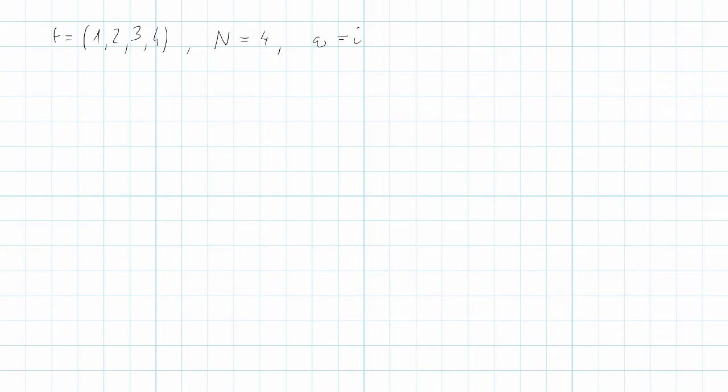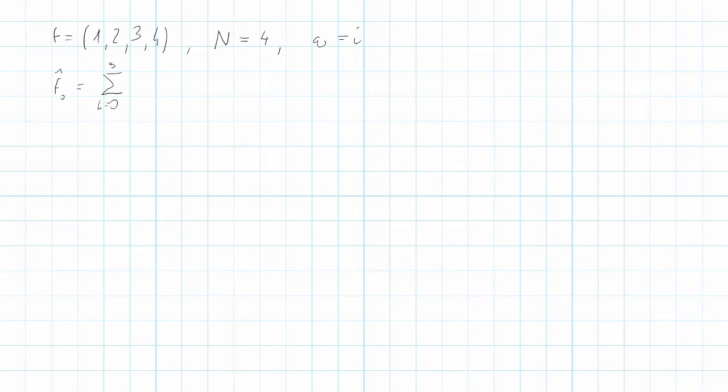So let me compute now the discrete Fourier transform of this. It will be a sequence consisting again of 4 elements, such that f0 hat is a sum from k equal 0 up to n minus 1. So n is 4, n minus 1 is 3.